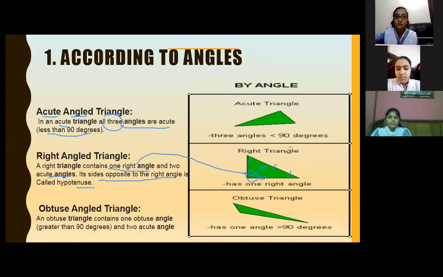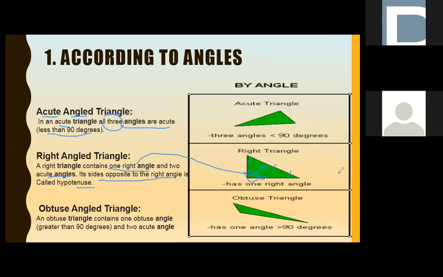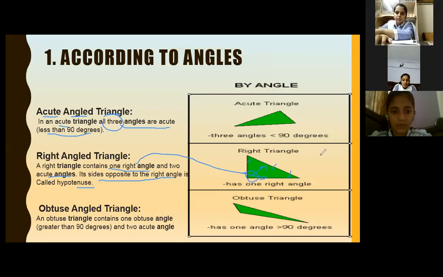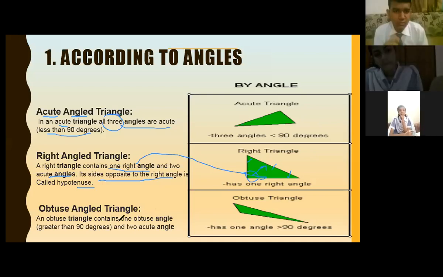Now what about obtuse angle triangle? An obtuse angle triangle contains one obtuse angle, that obtuse means greater than 90 degree, and two acute angles. ठीक है? And two acute angles.